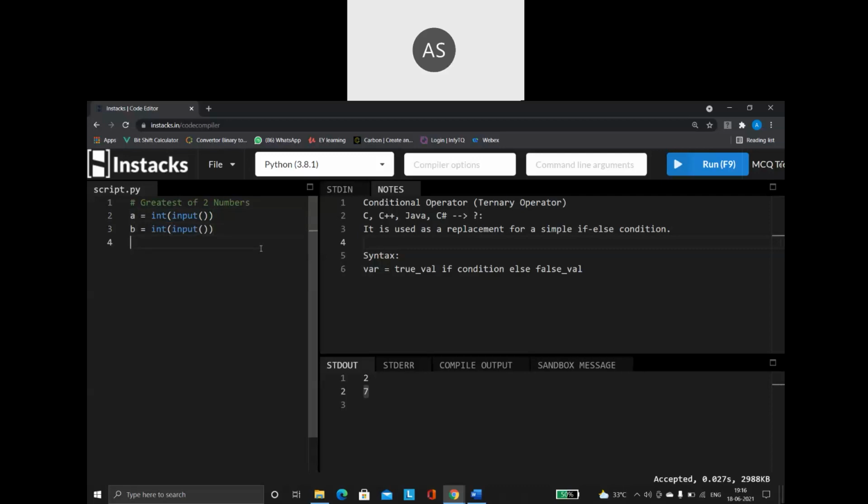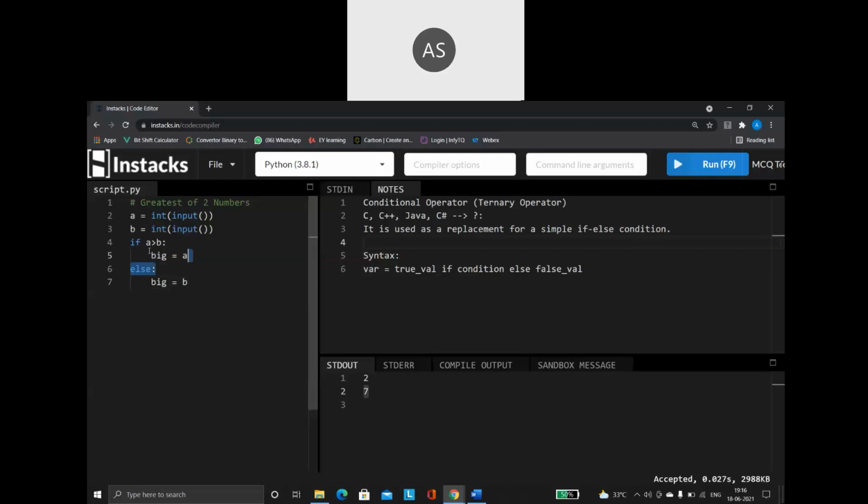Then if A greater than B, that is my condition, I create a variable called big and say big is equal to A. Else, with a colon, big is equal to B.